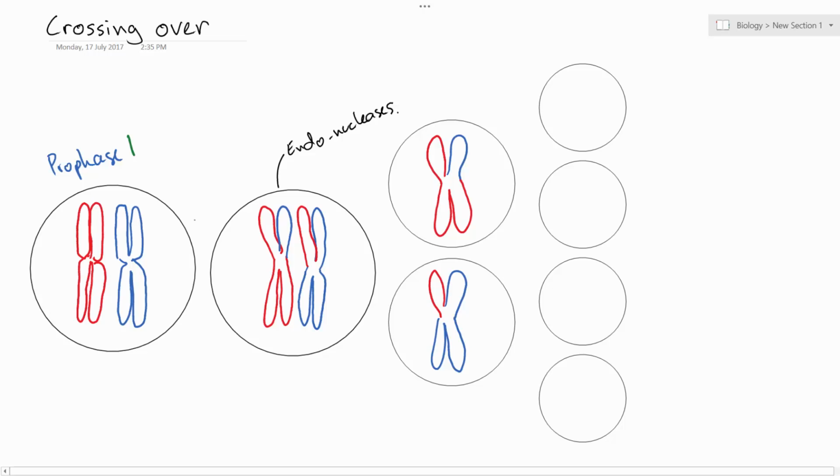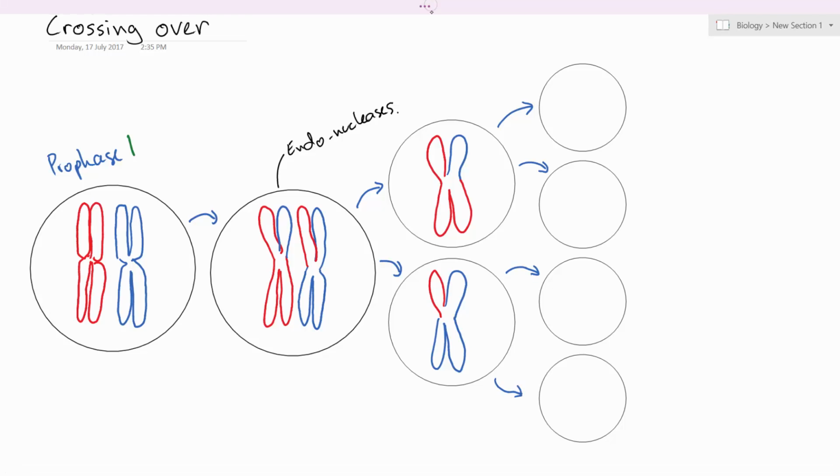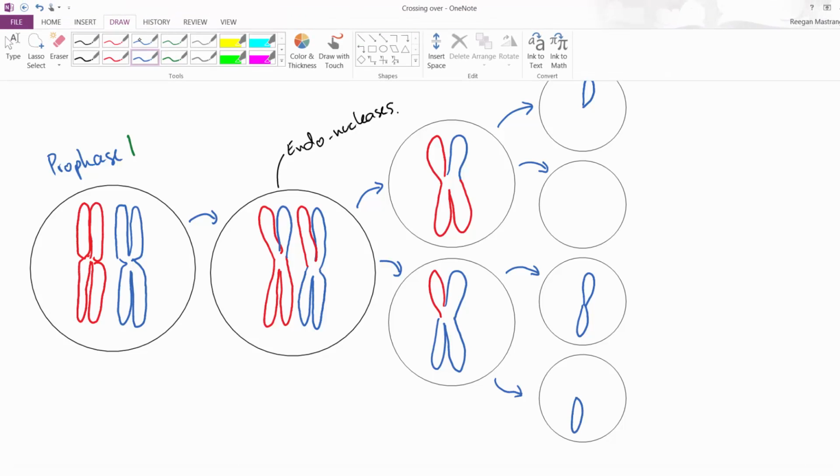Now, I'm just drawing our sequence of events here. Remembering that we have a second division in meiosis, our eventual sex cells will have different products when they divide, once again because of this crossing over.